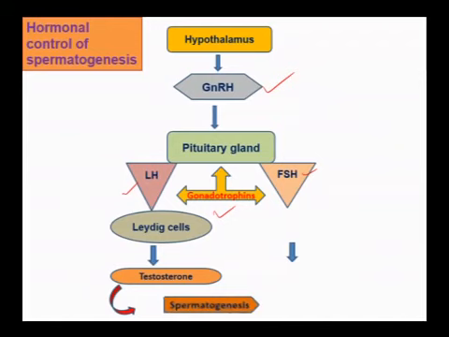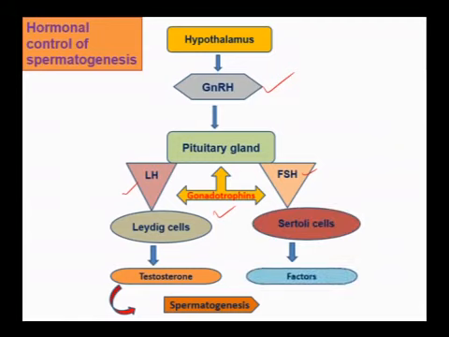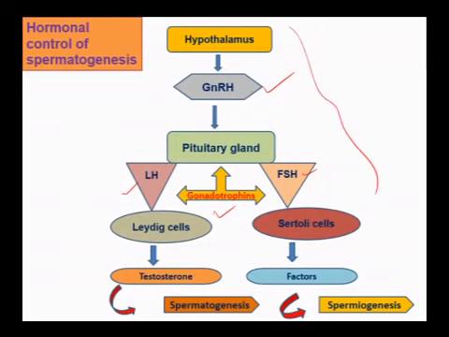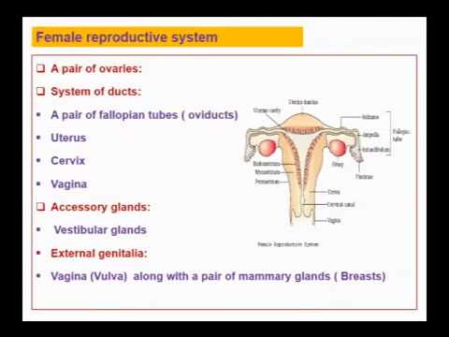Similarly, follicle stimulating hormone or FSH acts on the Sertoli cells of the testis, inducing them to secrete certain factors which are responsible for the transformation of spermatids into sperm. This is known as spermiogenesis or spermateliosis. This is a representation showing the regulation of spermatogenesis by hormones.